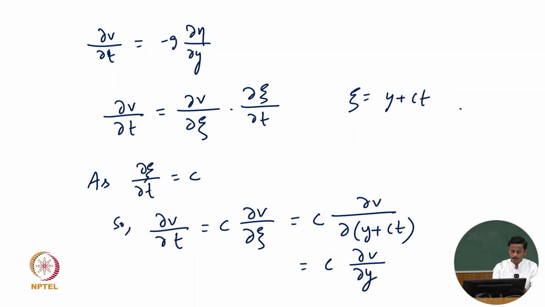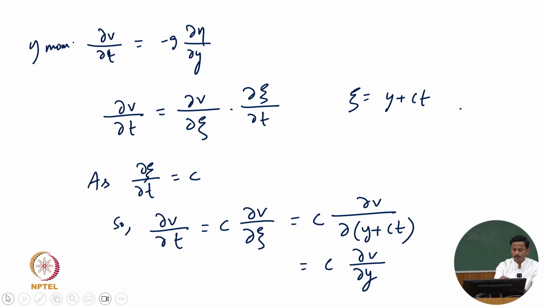Hence, from the y momentum equation, c del v del y is equal to minus g del eta del y.